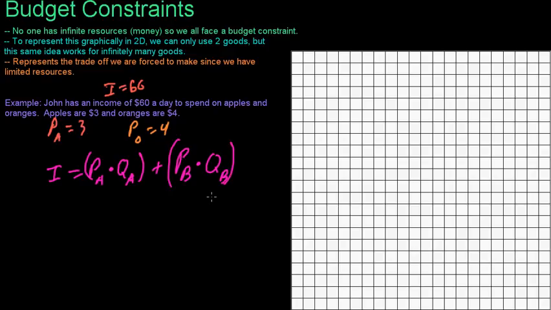So basically all that this is saying is that if you spend all of your money, your income has to equal the amount that you spend on good A plus the amount that you spend on good B. And remember, we're only doing this for 2 goods, but you could do this for as many as you would like.